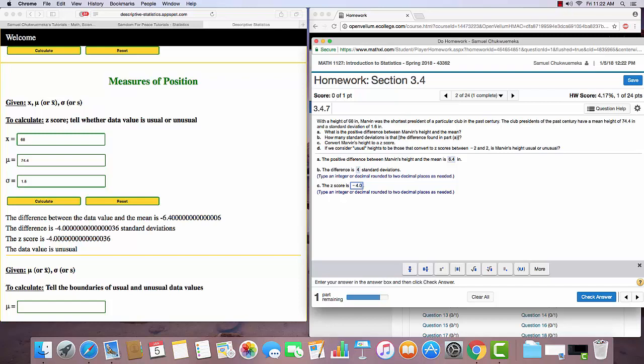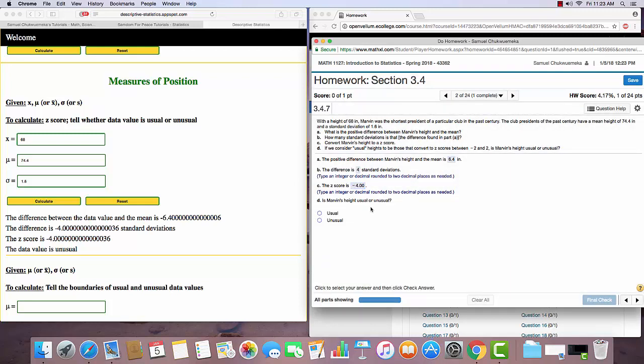We always want to round z-scores to 2 decimal places. That is the standard. Although here it says type an integer or decimal, rounded to 2 decimal places as needed. We've talked about as needed before. So in this case, if you write -4, that is fine. If you write negative 4.00, that is still fine.